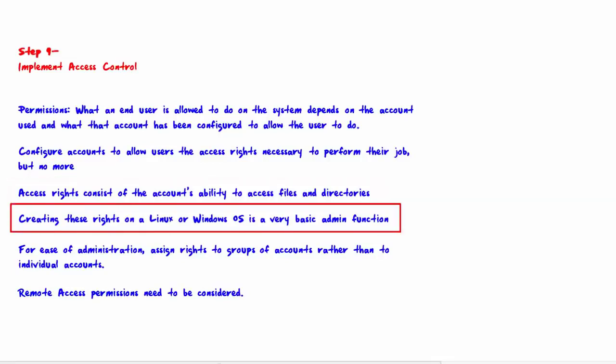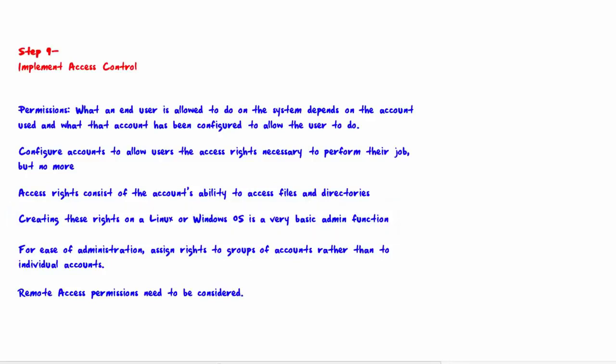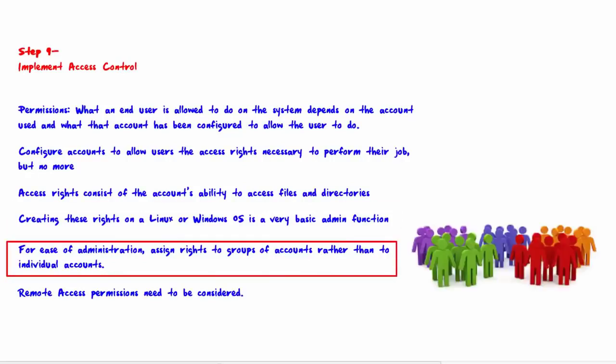Creating these rights on a Linux or Windows OS is a very basic admin function, so we won't go into the specifics here. For ease of administration, assign rights to groups of accounts rather than to individual accounts. You should create groups of employees with a similar job function and then assign specific rights to the group.